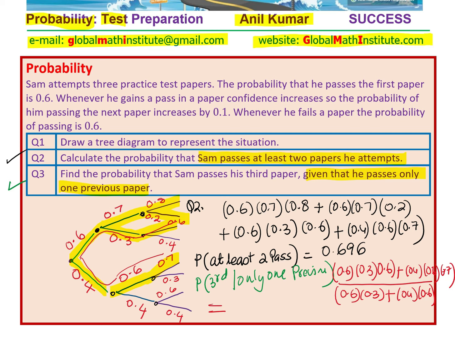We are going to divide this by 0.6 times 0.3 plus 0.4 times 0.6 within brackets, right? So we get our answer, which is 0.657. So the probability for the third case, conditional probability, is 0.657. Is that clear to you, right?